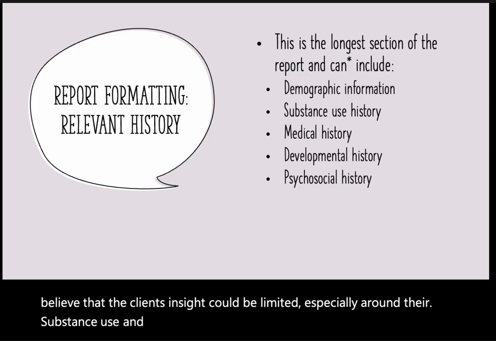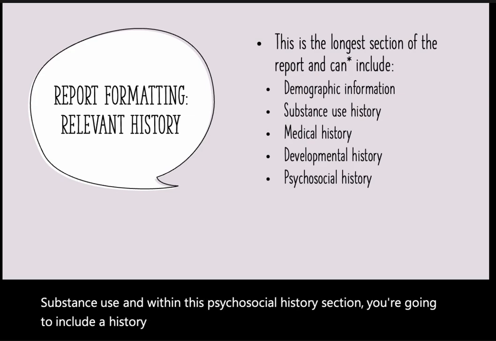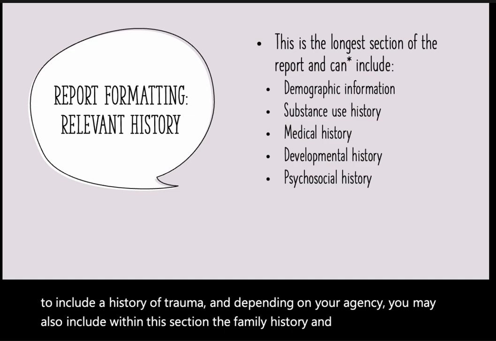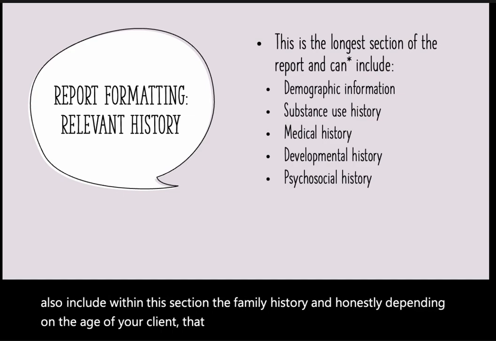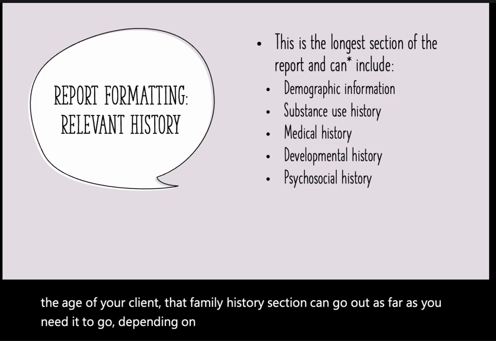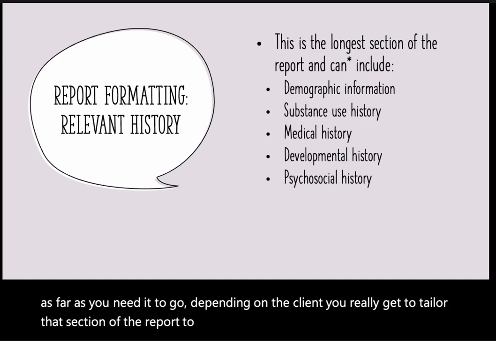Within this psychosocial history section, you're going to include a history of trauma. And depending on your agency, you may also include within this section the family history. And honestly, depending on the age of your client, the family history section can go out as far as you need it to go. You really get to tailor that section of the report to what's necessary for this person.